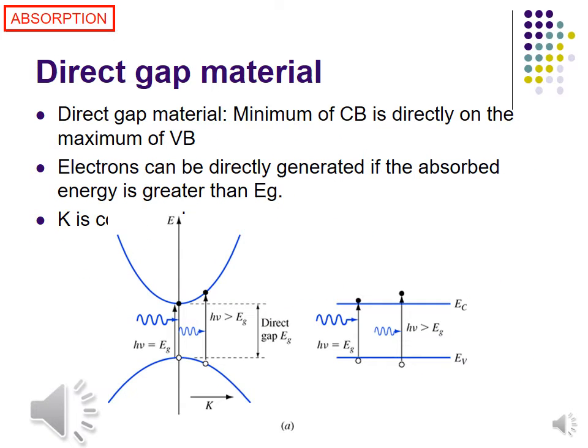For a direct gap material, the transition of an electron from the valence band to the conduction band is simple. A direct gap material is a material having the lowest energy point of the conduction band at the same k point as the highest energy point of its valence band. Thus, the transition of the electron happens directly.